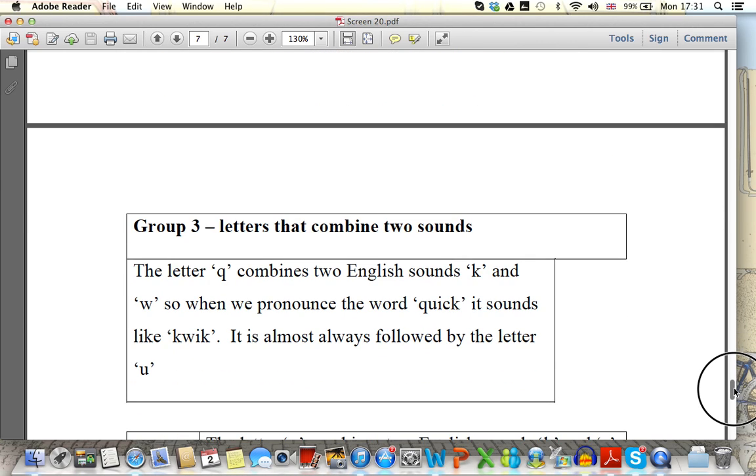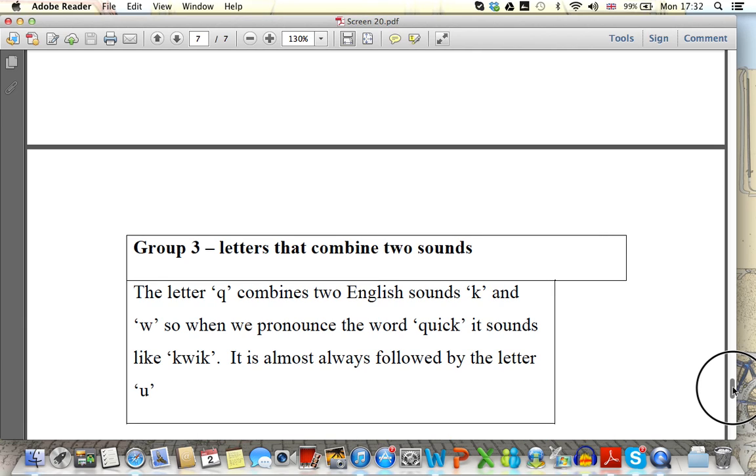Right, now the letters in group 3 are letters that combine two sounds. So we take the letter Q. In English, when we find it in words, it sounds like two letters. So let's take the word quick, and it sounds like K-W-I-K. So you have to be careful of all these words, like queen, again sounds like K-W.